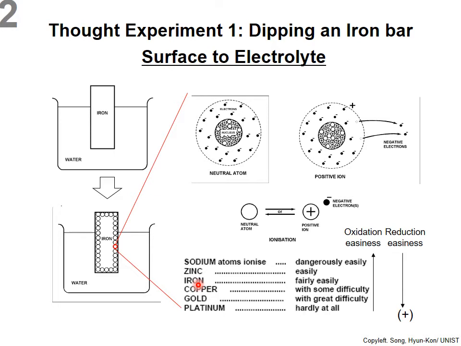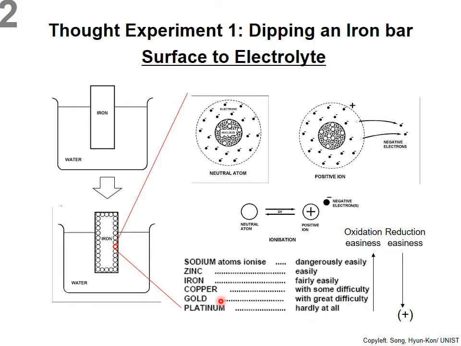The next one is copper. Copper atoms ionize with some difficulty. Sometimes we could find copper oxide, but also we could find copper metal on Earth. Gold atoms ionize with great difficulty, so it is very difficult to find gold oxide.